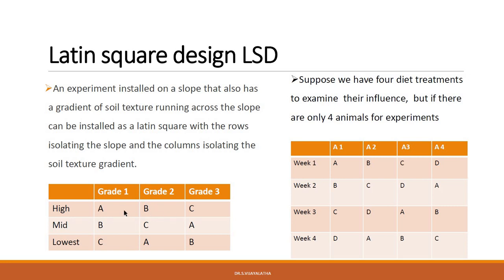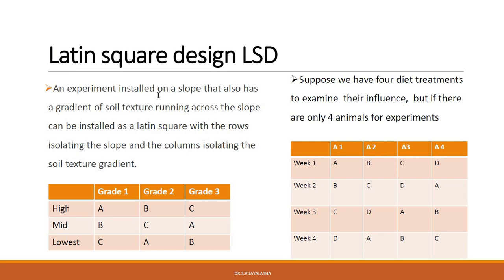Depending upon the number of treatments, you will have rows and columns. If you have 3 treatments, we will have 3 rows and 3 columns. This resembles a square, and initially the treatments used to be represented as Latin letters, so it's called Latin square design. Let us now see the examples.